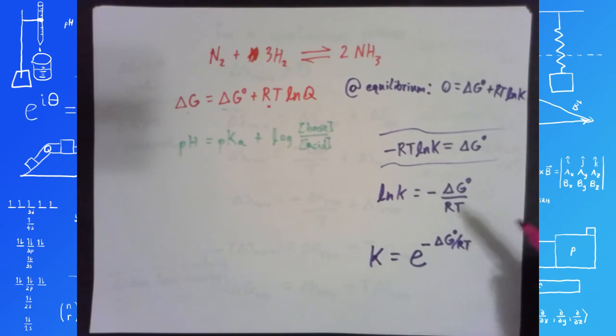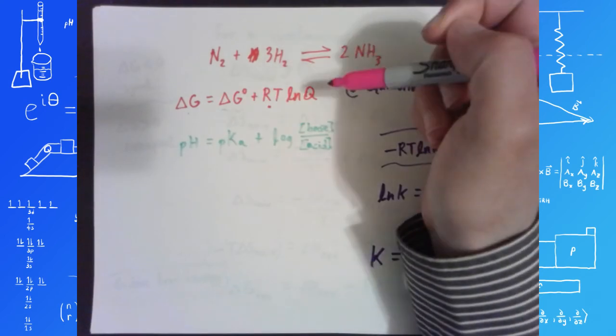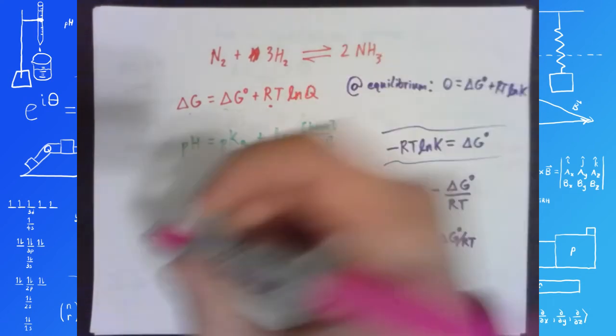Okay, what's so standard about delta G standard then? Well, if you are under standard conditions, then all concentrations and all pressures are 1. So what's Q going to be?